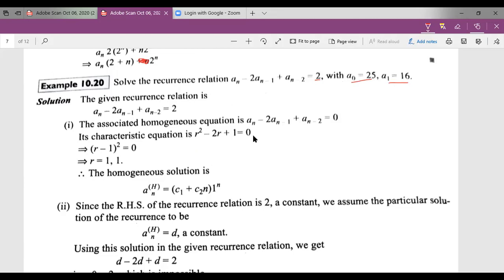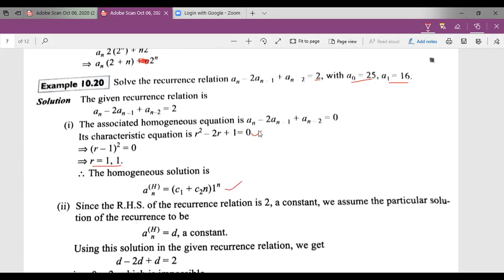to 0. Solve this characteristic equation, we get the characteristic roots 1 comma 1. So for the homogeneous solution, here the roots are equal. So the homogeneous solution is a_n^(h) is equal to (c1 plus c2 n) into 1 power n. So here the r value is 1.